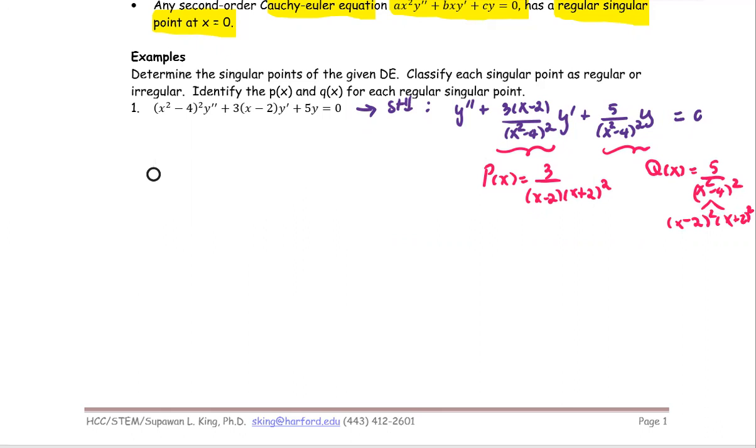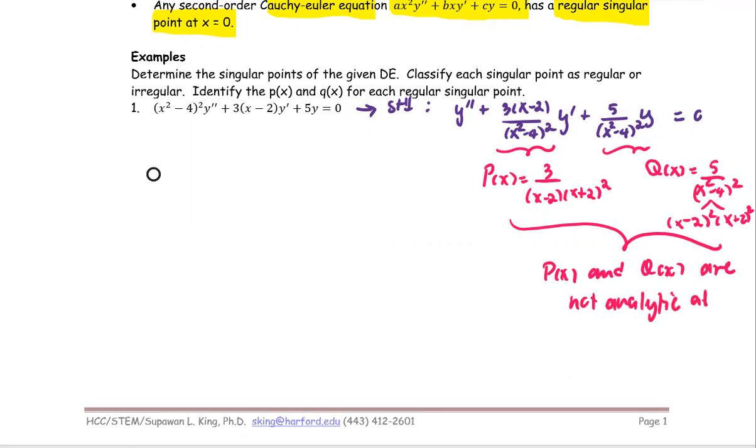From the capital P and Q(x), we can see that they are not analytic at x equals 2 and x equals negative 2. Therefore, x equals plus and minus 2 are singular points.